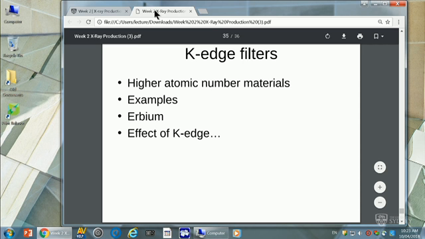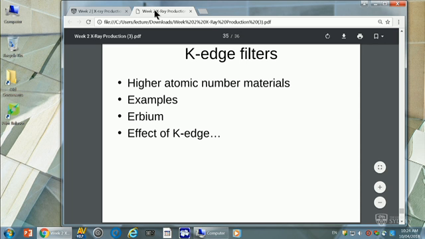When that happens, the transmission drops right down. Because suddenly, the X-rays are now going to be all absorbed. If this energy for erbium, and I'm just talking about erbium at the moment, there are other materials, if you reach 57.5, suddenly all those, or nearly all those X-rays are going to be absorbed because now they have enough energy to kick out this inner shell electron.